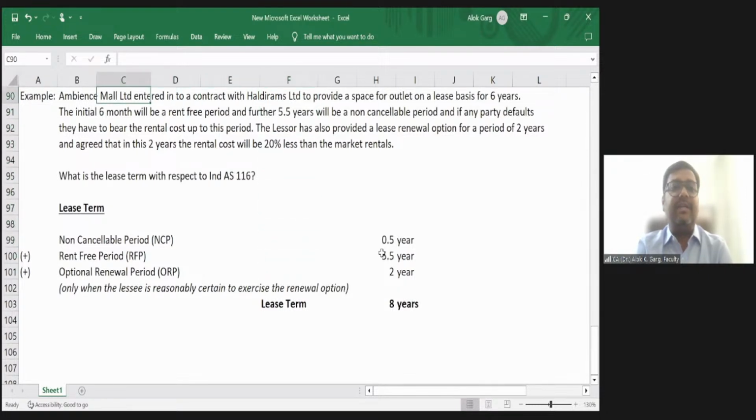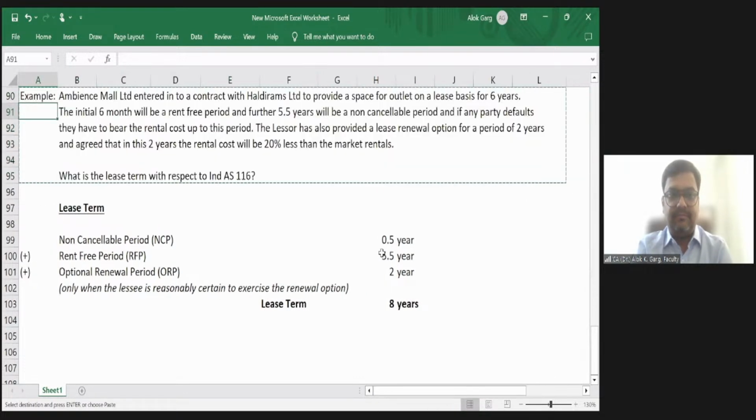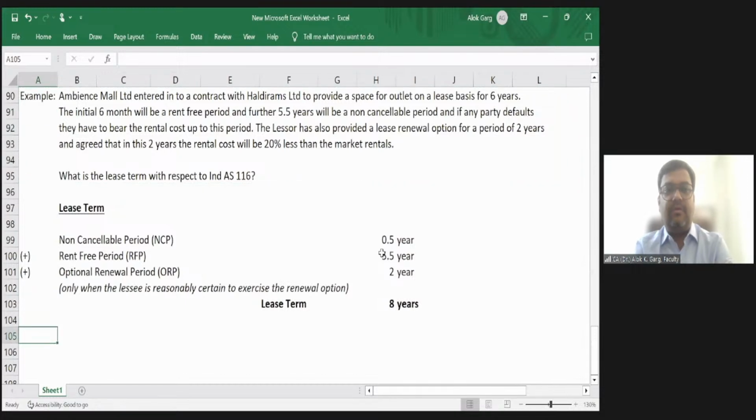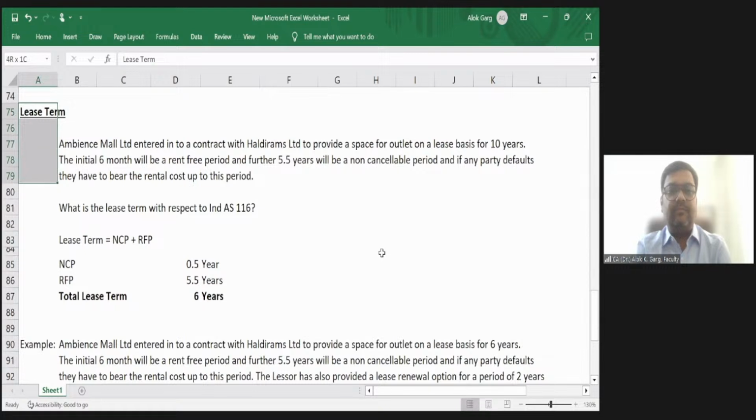Now I am further extending this example. Let's say I am taking this example.